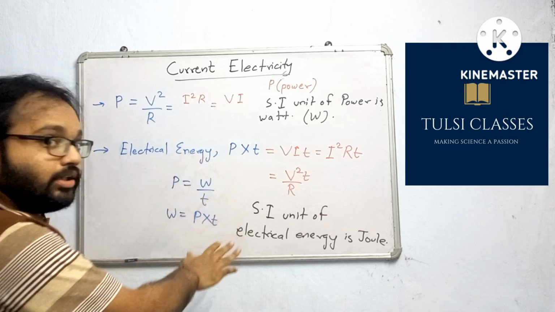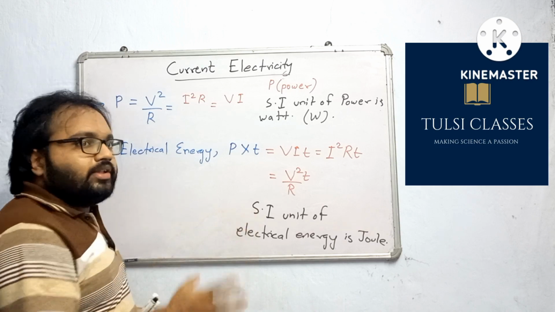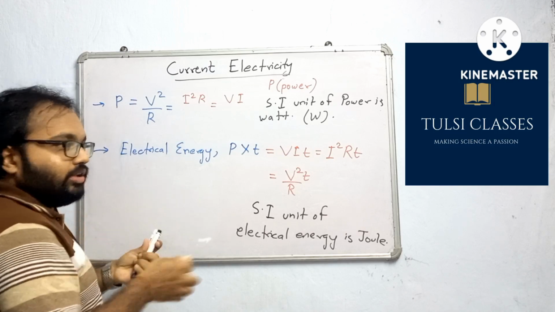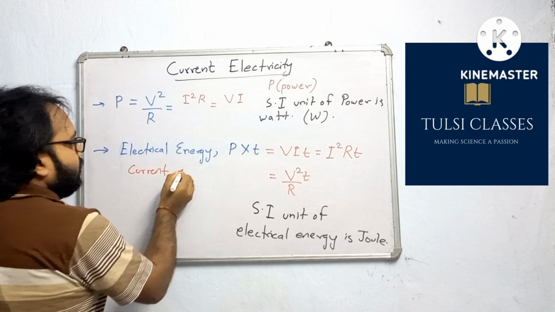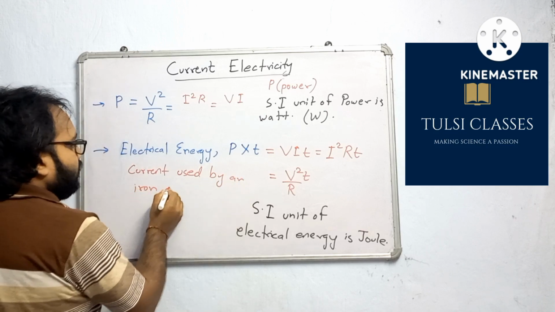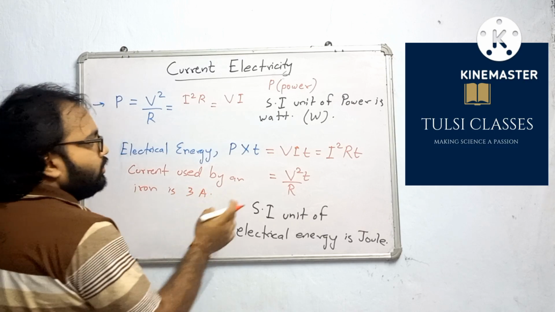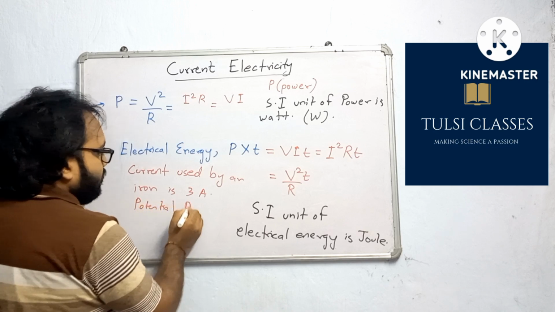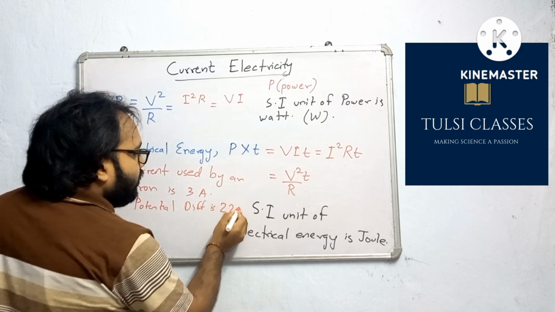Now I am telling you what type of question you may get here. Suppose the current used by an iron, the iron that we use to press clothes, is given as 3 ampere, and the potential difference we use at home is 220 volt.